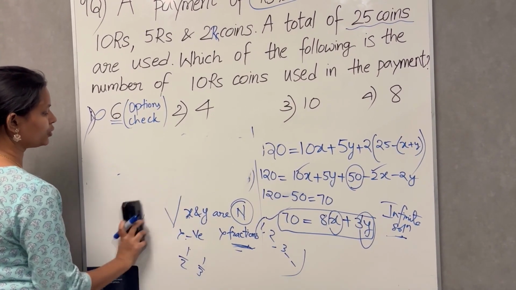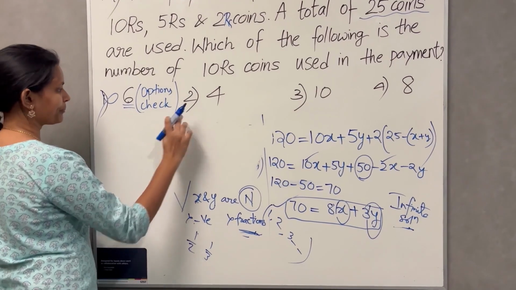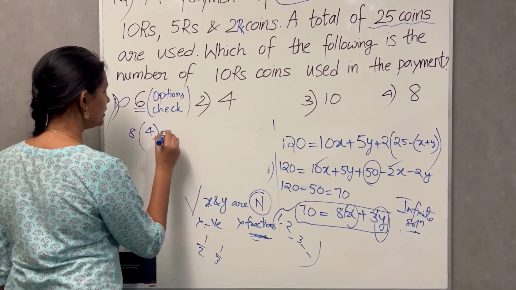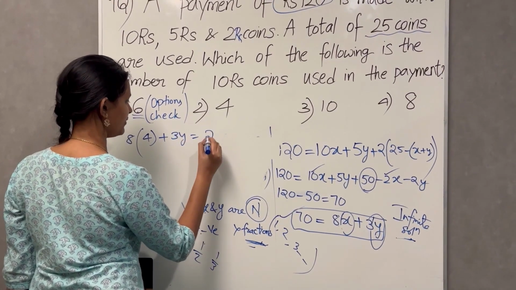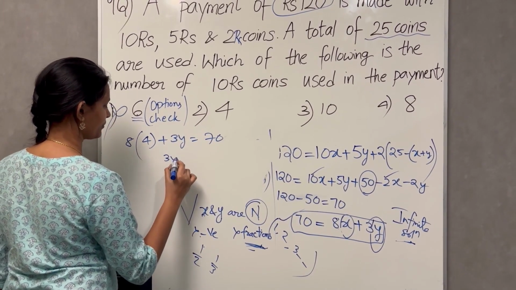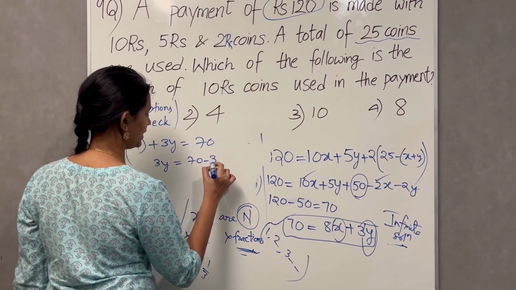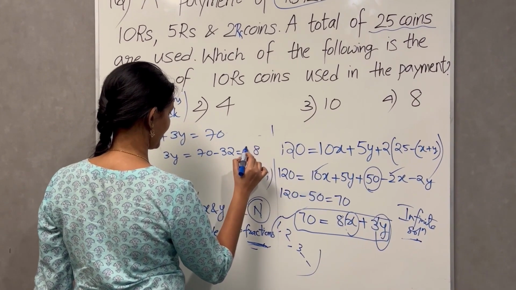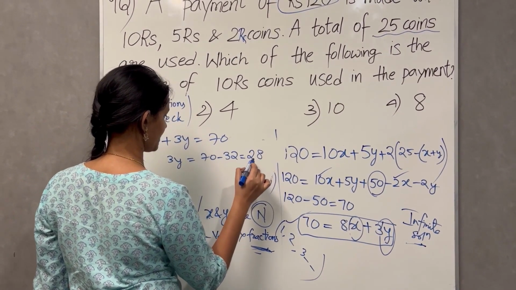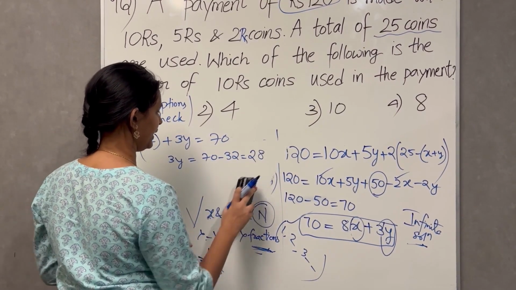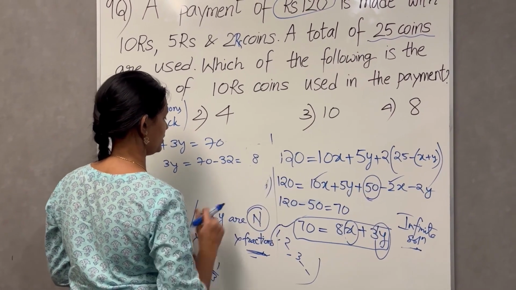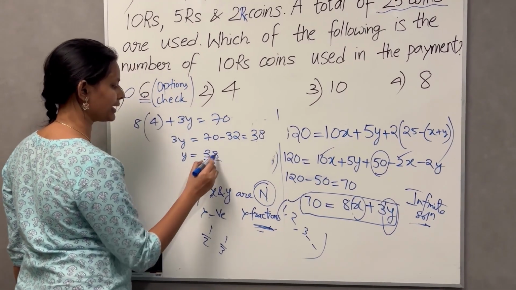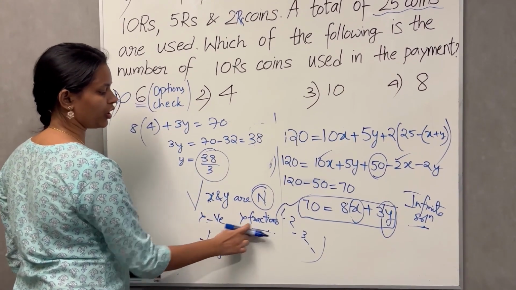Now coming to option 2, which is 4. 8 into 4 plus 3y equals 70. That is 32, and 70 minus 32 is 38. So y is again 38 by 3. We again got a fraction value, which is not our option.